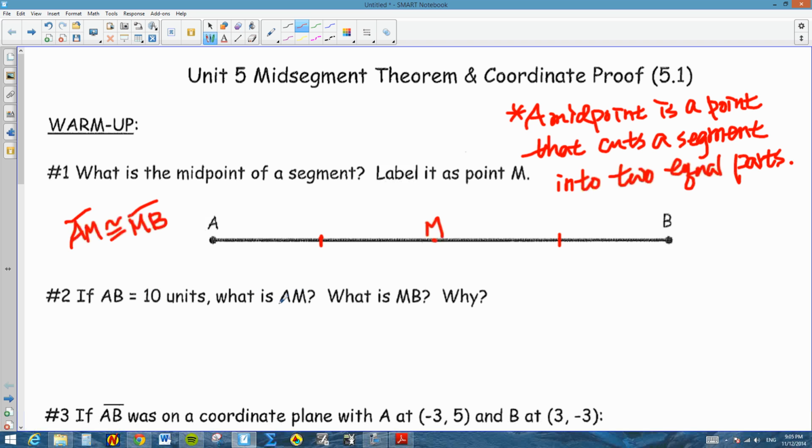Since AB is the whole length from A to B, and midpoint M is the midpoint, AM will be half of AB. So the length of AM equals 10 divided by 2, which gives you 5 units.